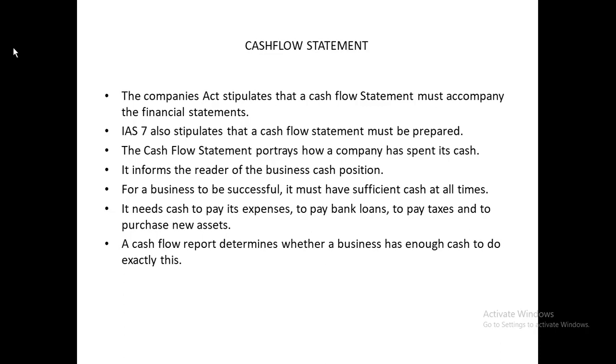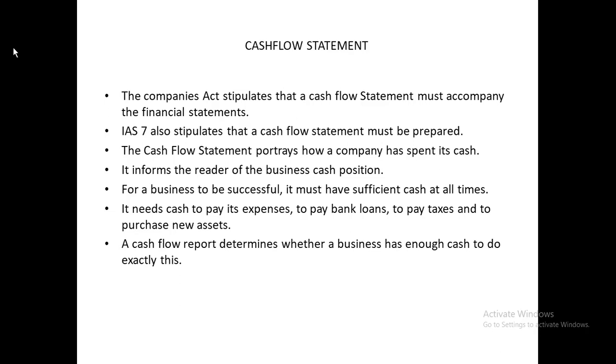It is also stated in International Accounting Standard 7, which stipulates that a cash flow statement must be prepared. The cash flow statement portrays how a company has spent its cash and how it has actually used its cash. It informs the reader of the business the current cash position.